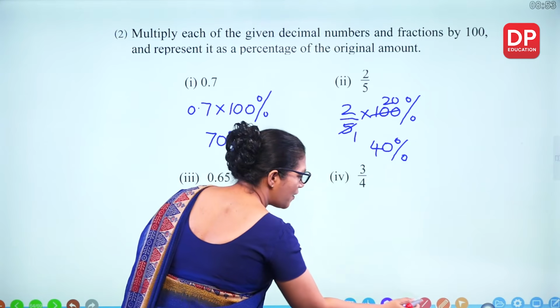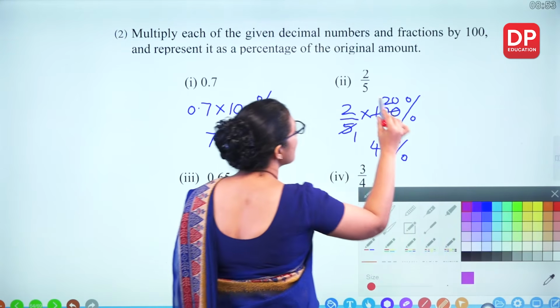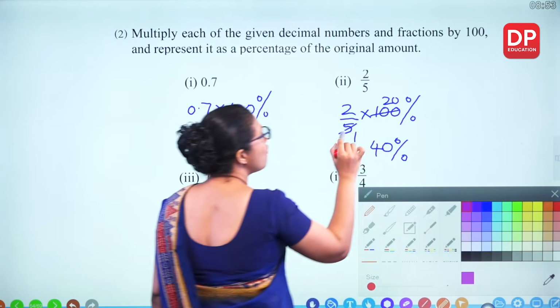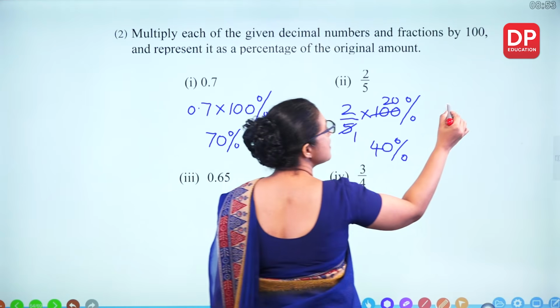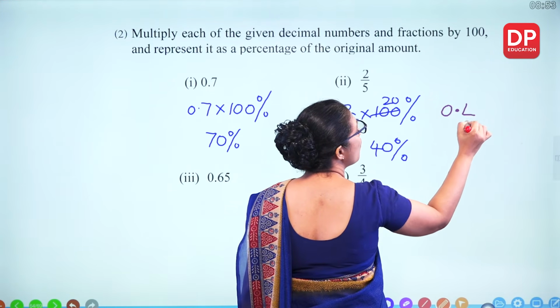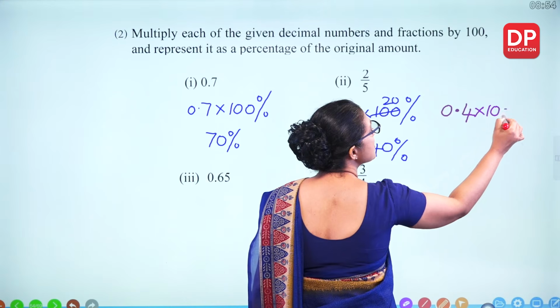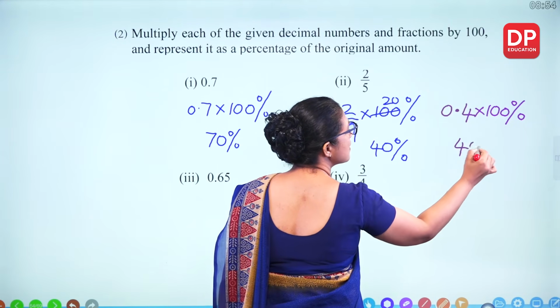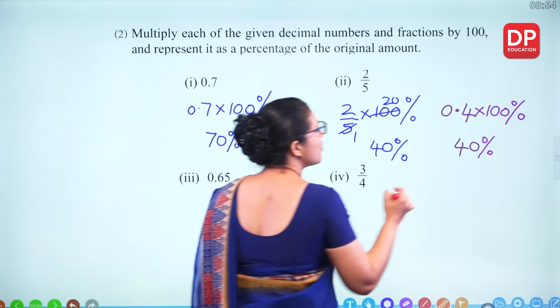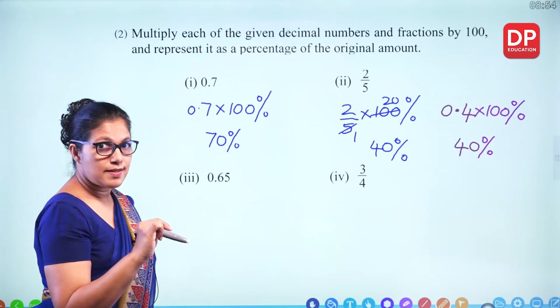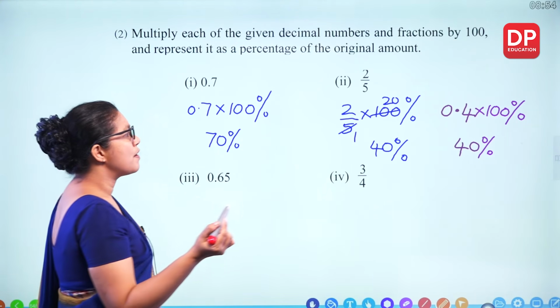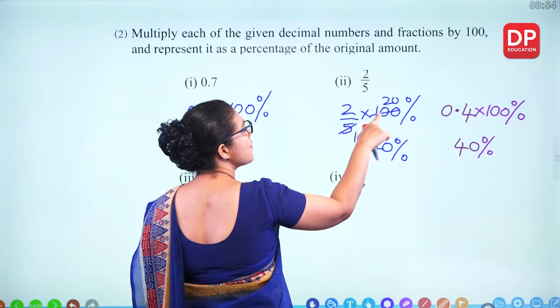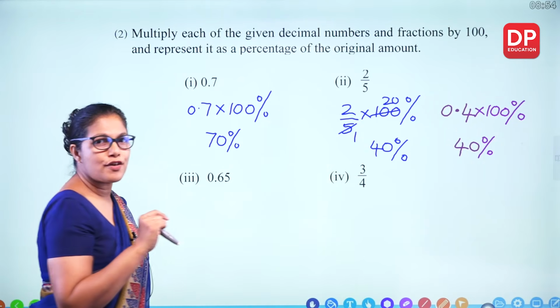If you are doing the other way around, you can do 2 over 5 as a decimal, 0.4 times 100%. So that means 40%. So any method you can use, convert to a decimal and then multiply by 100%, or with the fraction straight away you can multiply by 100%.